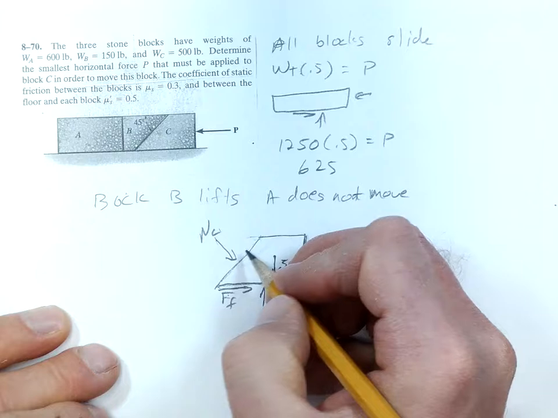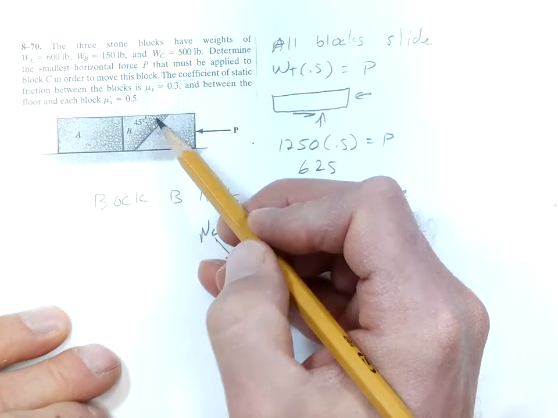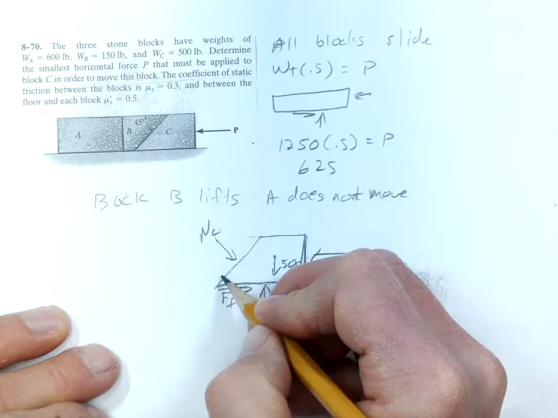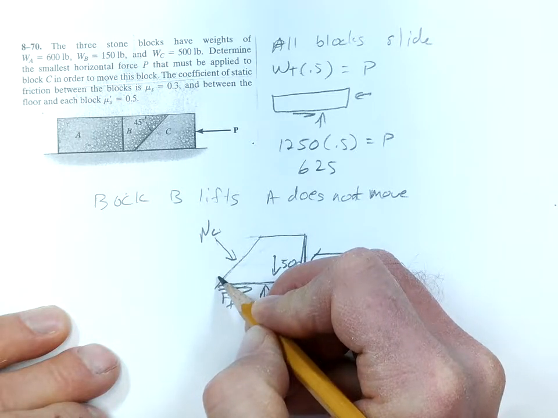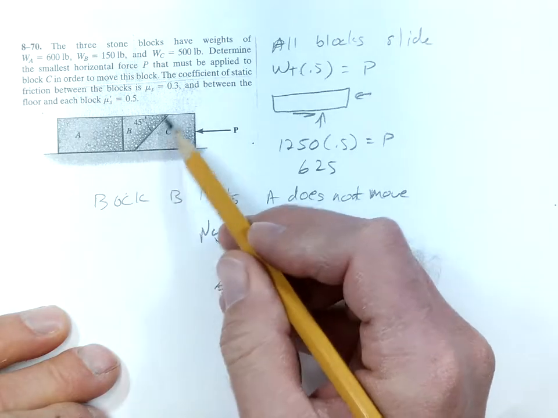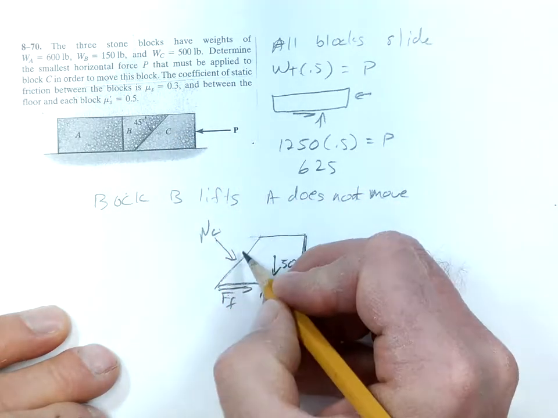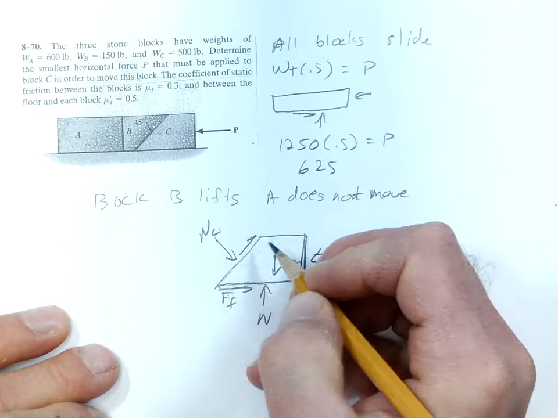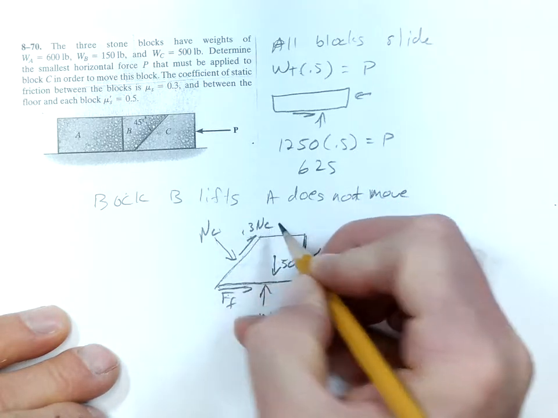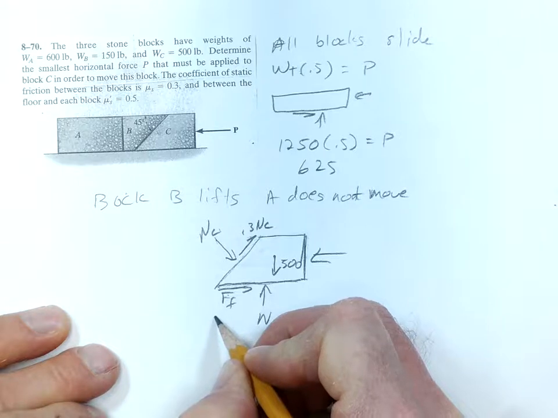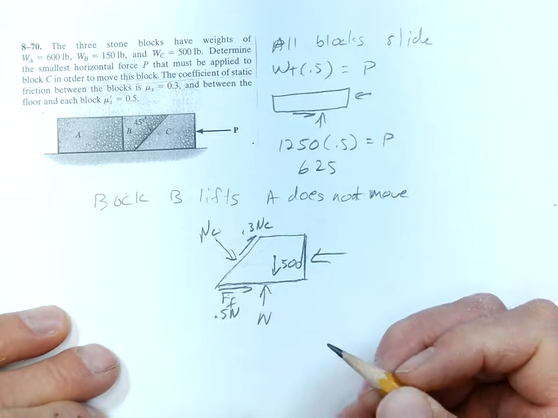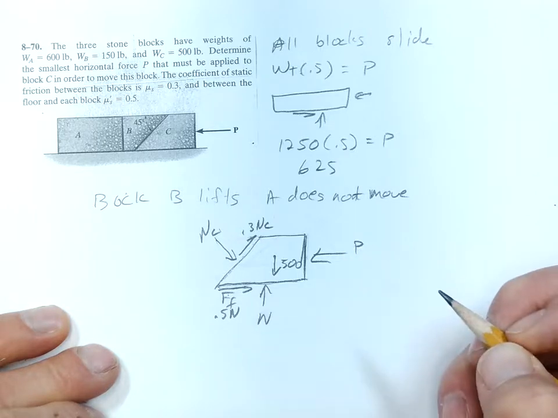And as this block lifts up, this block will be pushing normal, so the slide is up, so the friction here is up, so that's 0.3 NC. This one is 0.5 N. That's it for that block.